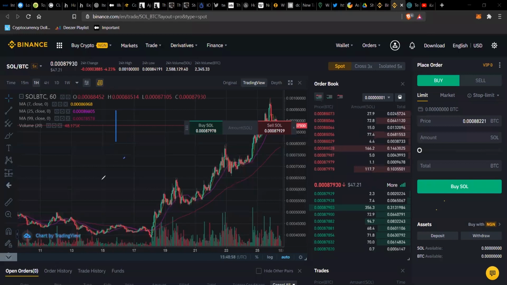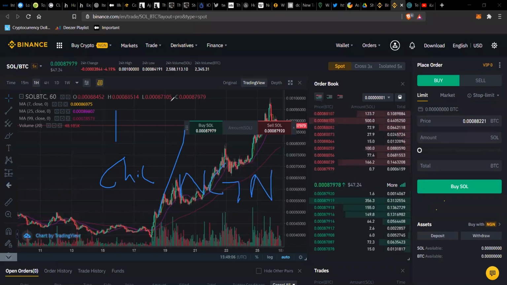So I'm buying 1 kilo. This is chicken against naira, NGN. So one chicken, for example, let's say it is 700 naira.